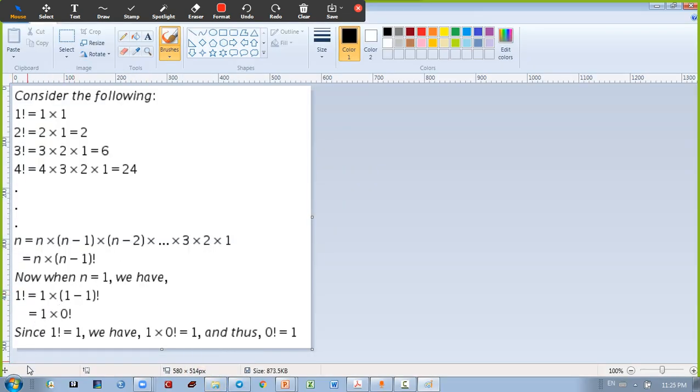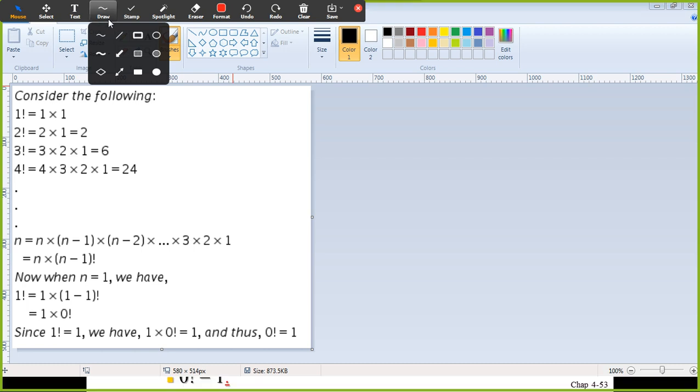Okay, so we know that 1 factorial equals 1, 2 factorial equals 2 multiplied by 1, 3 factorial is 3 multiplied by 2 multiplied by 1, 4 factorial is 4 multiplied by 3 multiplied by 2 multiplied by 1, up to n factorial, which is n multiplied by n minus 1 multiplied by n minus 2, and so on. So n factorial is equal to n multiplied by (n minus 1) factorial.